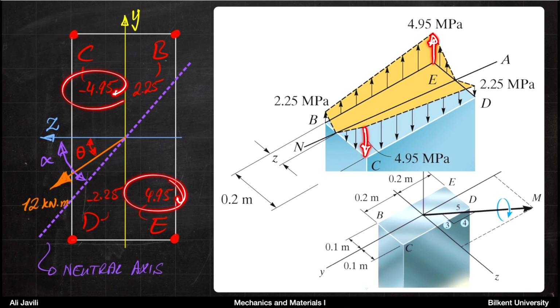So that basically tells you that you have a fully tensile stress here and a fully compressive stress here. On D, you have an effective tensile stress. On B, you have an effective compressive stress. All right, so that was all for this example.